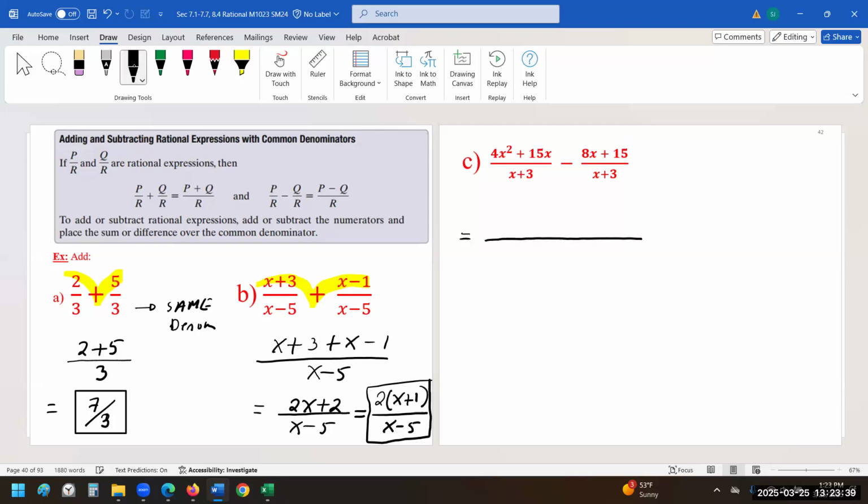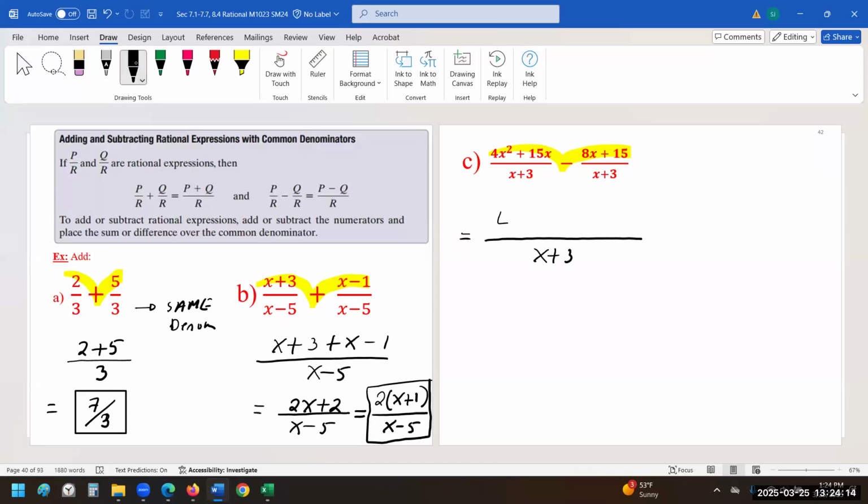So we write the denominator once and we combine all the numerators. So combine like terms.